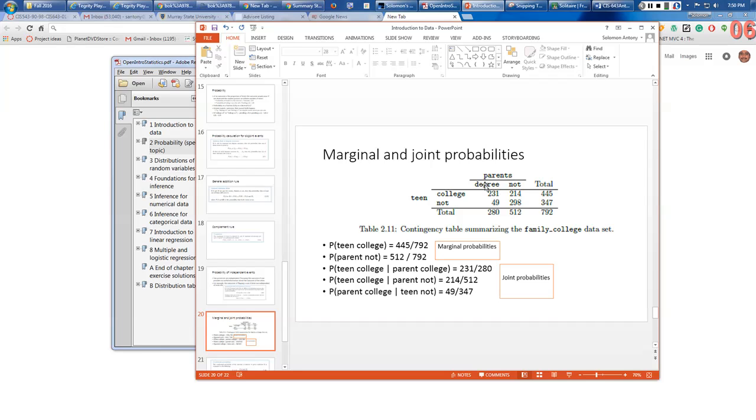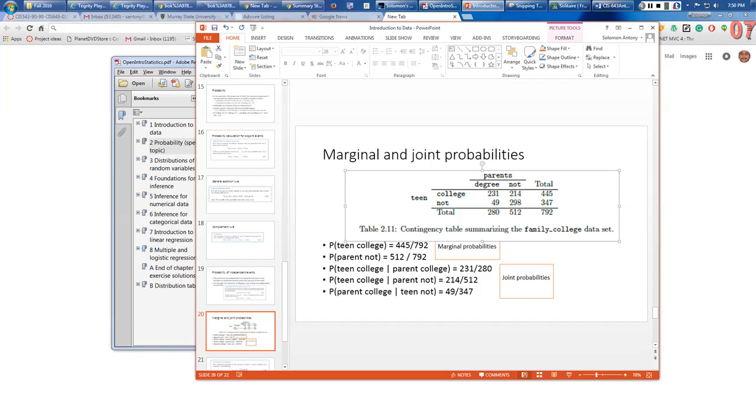So parents degree meaning parents got a college degree, parents not means parents did not get a college degree. The total number of observations is 792. Of this, 231 observations are when the teen got a college degree and the parent also got a college degree, and 214 observations are when the teen got a college degree and the parents did not get a college degree, and so on.